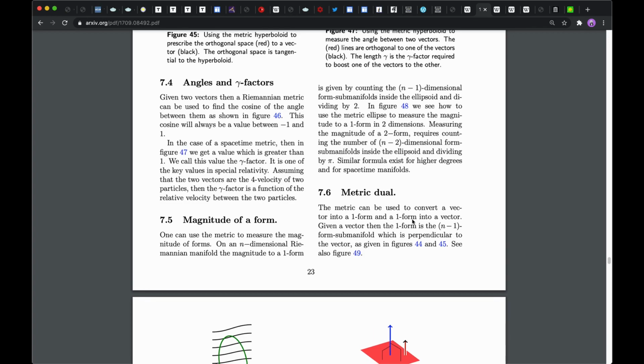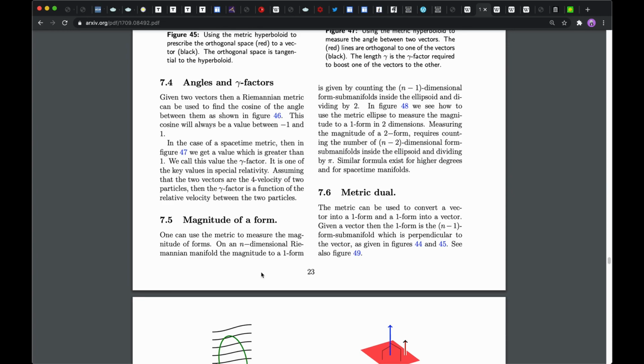Yeah, there is also an interesting picture, a subchapter about the magnitude of a form and how to measure the magnitude of a form using the matrix. But there is no really detailed information about that.